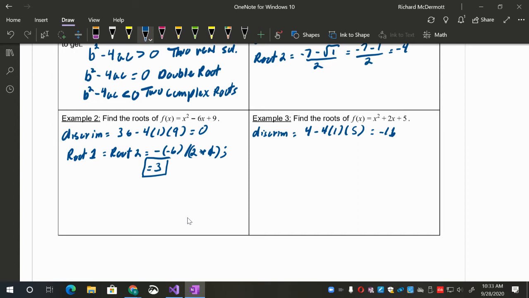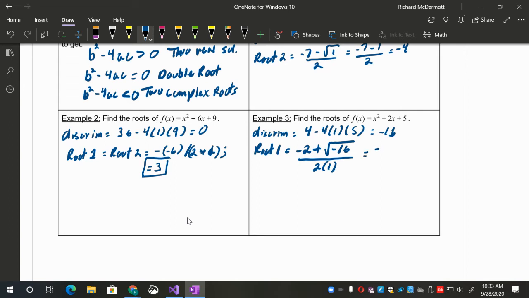If I have two complex roots, then let's see. The roots are, root 1 is equal to negative b, that's negative 2, plus the square root of negative 16 divided by 2 times a, and a is 1.